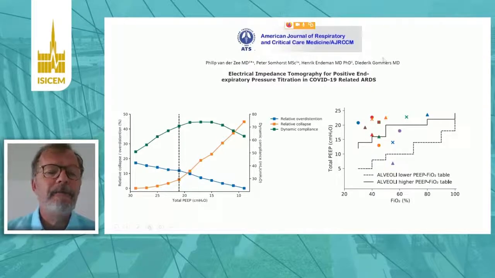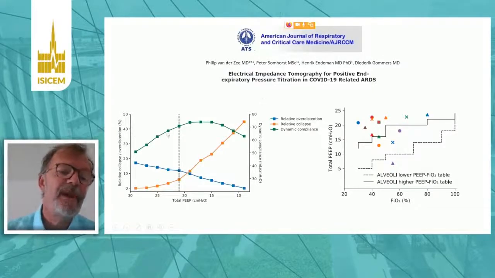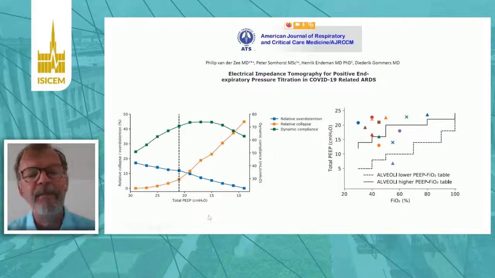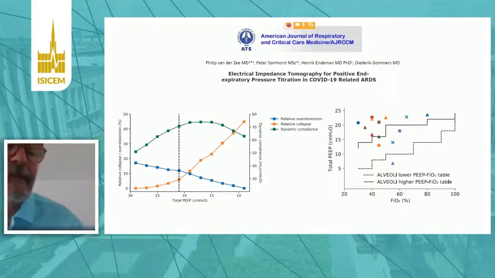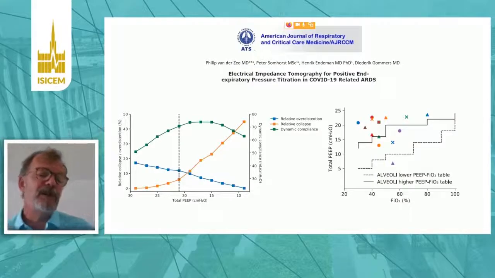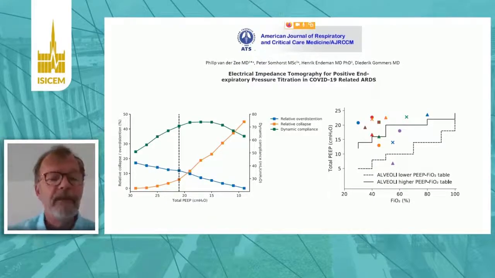And this is an example of a series of patients where you see with the blue curve the progressive increase in over distension, so drop in compliance when you increase the PEEP, and the progressive decrease in collapse because the compliance is increasing in these pixels. And you can see which PEEP level give you maybe the best result.